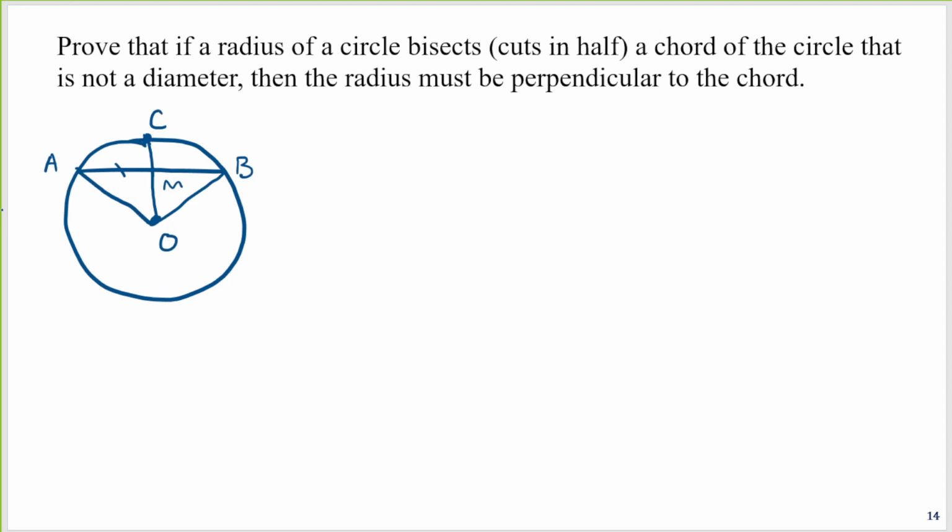So we know this part equals this part, and AO is the radius, BO is the radius, so these two lengths are equal, right? We need to prove the radius, OC, is perpendicular to the chord AB.